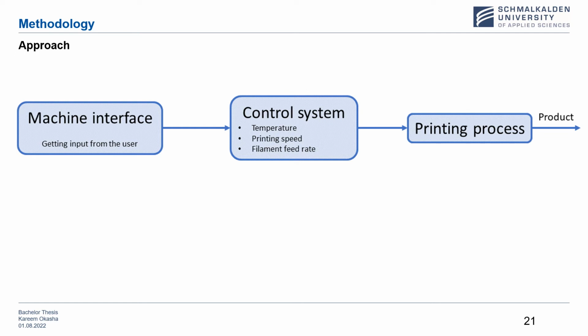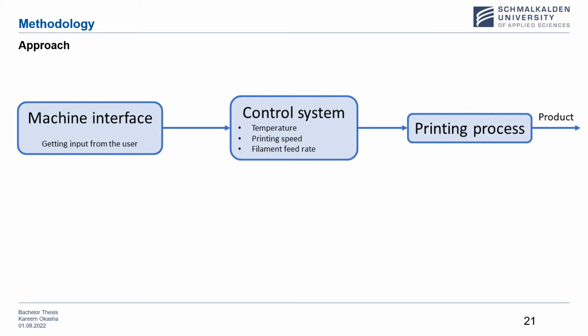In order to deal with the overheating, temperature should be reduced, and to deal with under extrusion, both temperature and filament feed rate should be increased, and printing speed should be reduced. And finally, to deal with the clogged nozzle, temperature should be raised. And after the control system sets the parameters, the printing process occurs, and then we obtain our product.